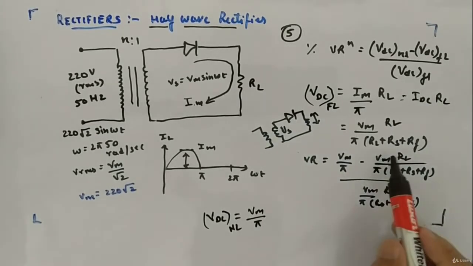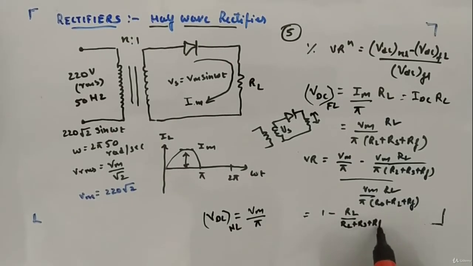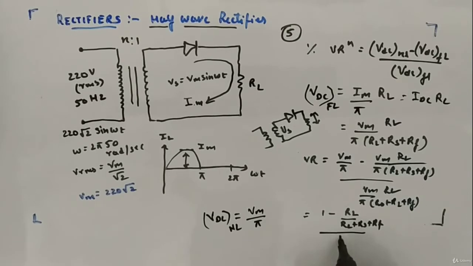Now Vm by pi will cancel from the numerator and denominator. What you get is 1 minus RL divided by (RL plus RS plus RF), divided by RL divided by (RL plus RS plus RF).